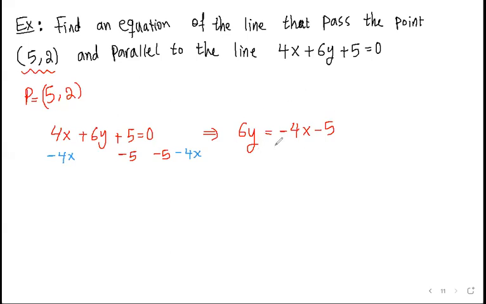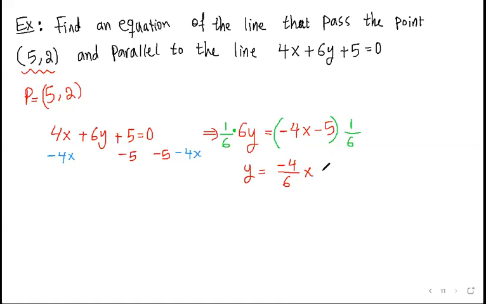Now I multiply the whole equation by the reciprocal of the coefficient of y, so multiply everything by 1/6, or we can divide by 6. So y equals -4/6 x.